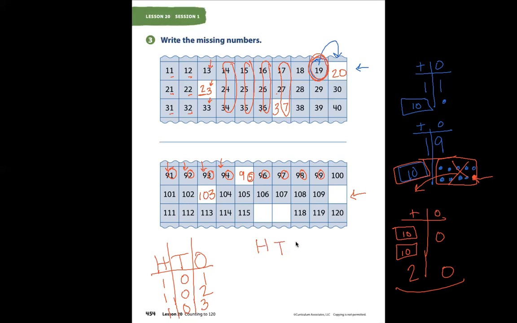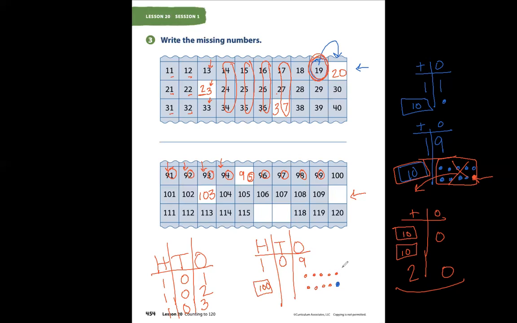Hundreds, tens, ones. If we have one group of 100, 0 tens, and 9 ones, that means we have 100, no tens, and 9 ones. If we're going to add one more to get to the next number, we could add one more 1 here.